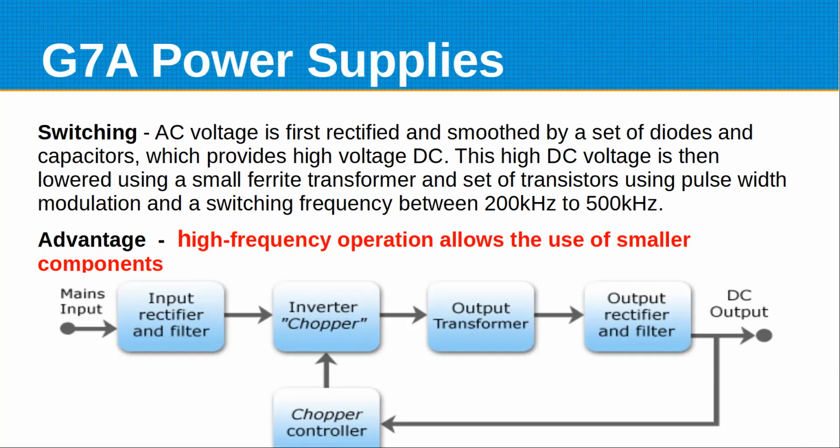Then it goes through what they're calling a chopper or inverter, where you're converting that to a pulse width modulated signal depending on the output voltage that you're seeing, and that's how it regulates.